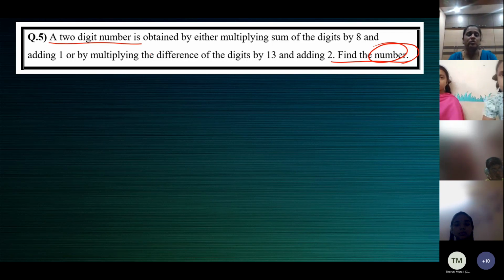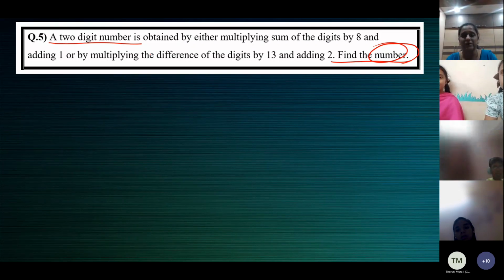I'm just telling you the 2-digit numbers: 10, 11, 12, 13, 14, 15 till 99. It is only 1 number which has 2 digits.